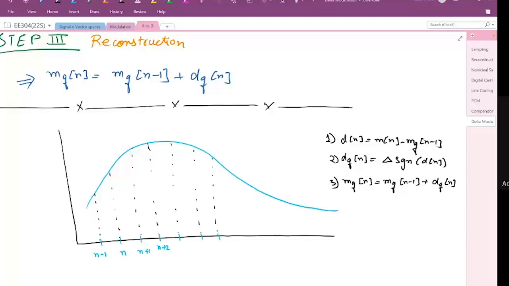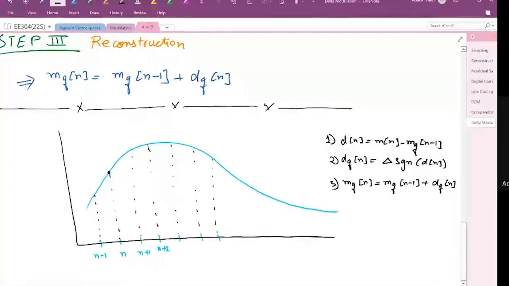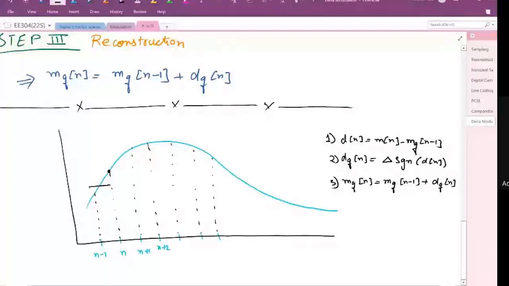So mn is this value, and let us say that mqn, the previous level, would be like this. We are not going to take the exact level.